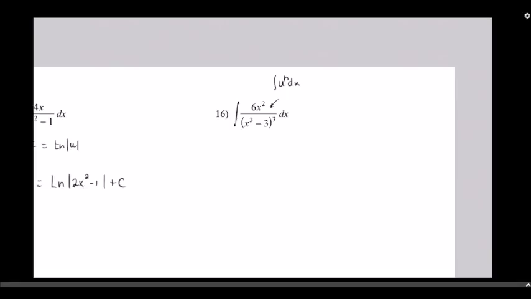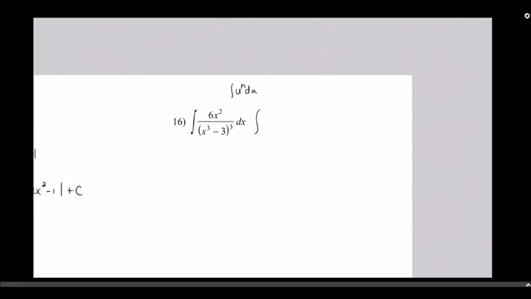This one is in the form of a fraction, so it would help if we move this denominator up to the numerator using a negative exponent. So 6x squared times x cubed minus 3 to the negative third. So the inside part will be u.